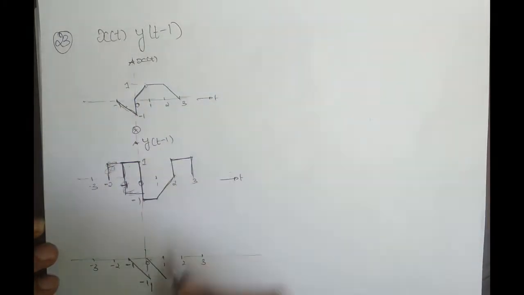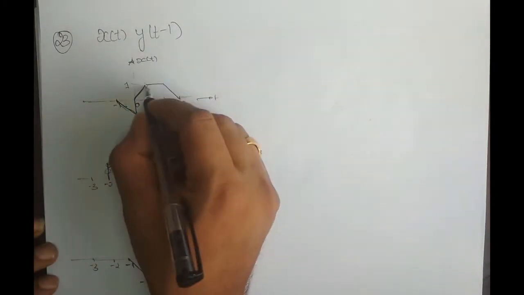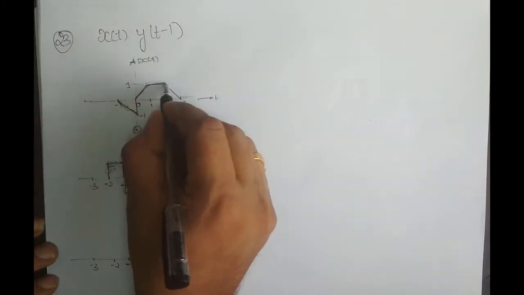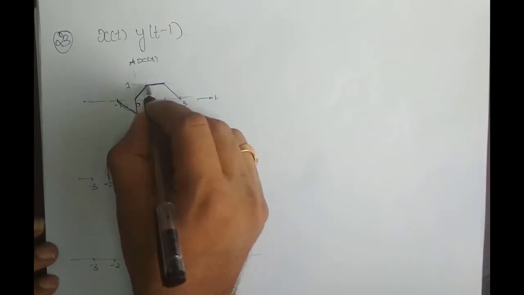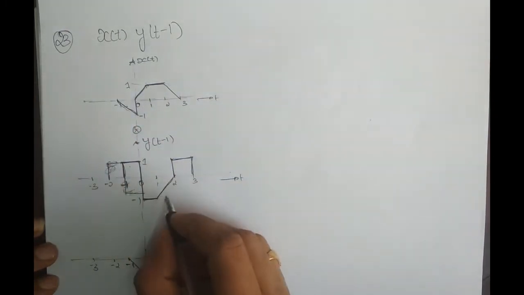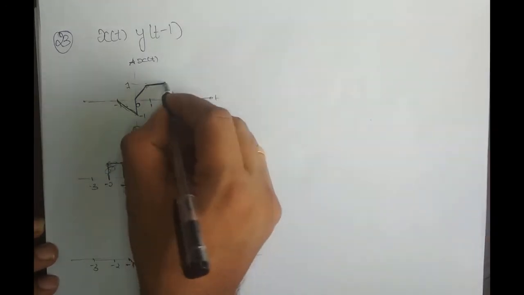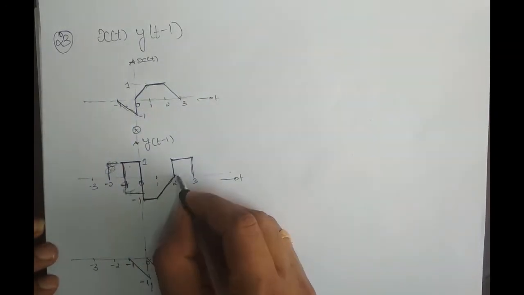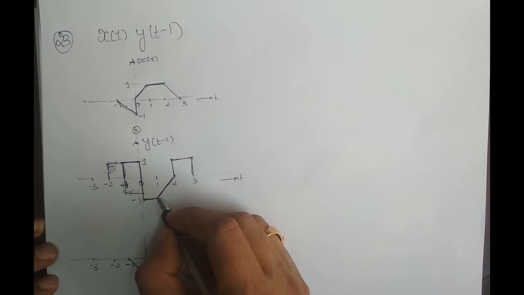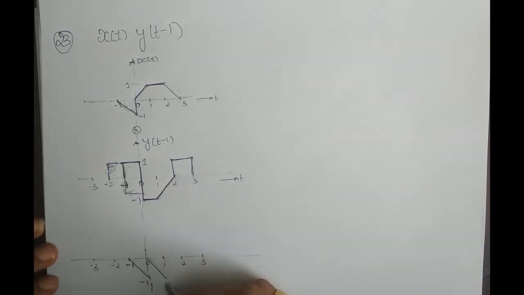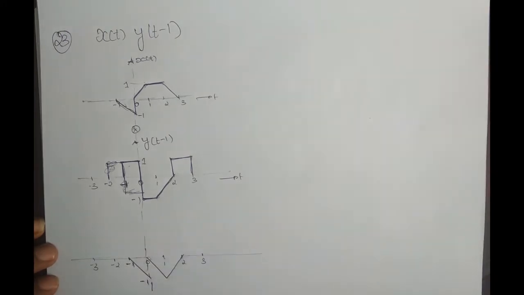Now for t varying from 1 to 2, what do I have? What is the amplitude? 1, right? So 1 times this signal, I get this signal itself, which is varying from minus 1 to 0. So for t varying from 1 to 2, it is like this.